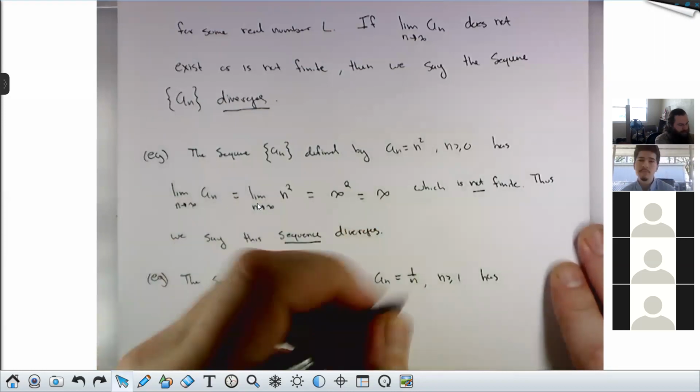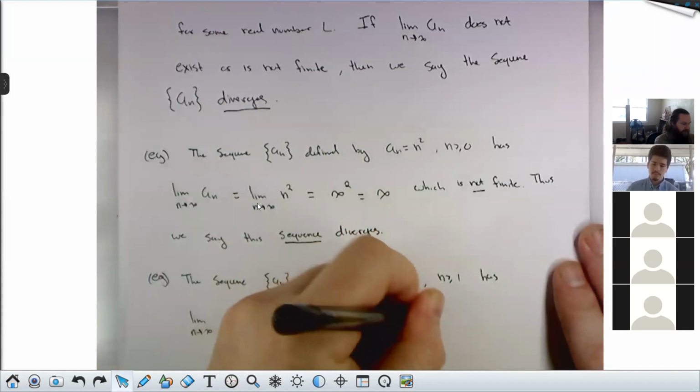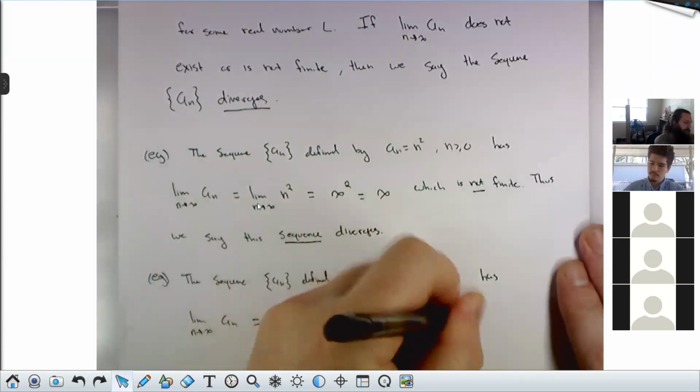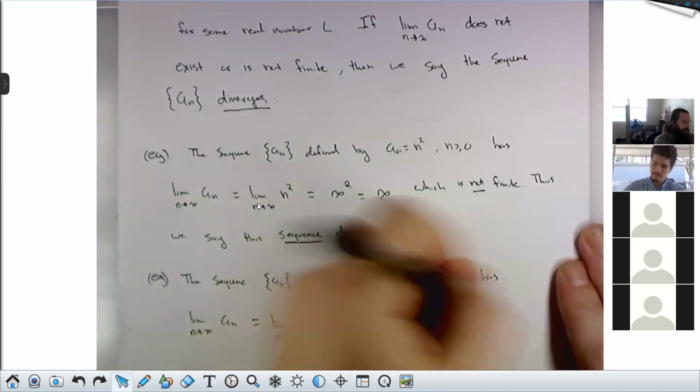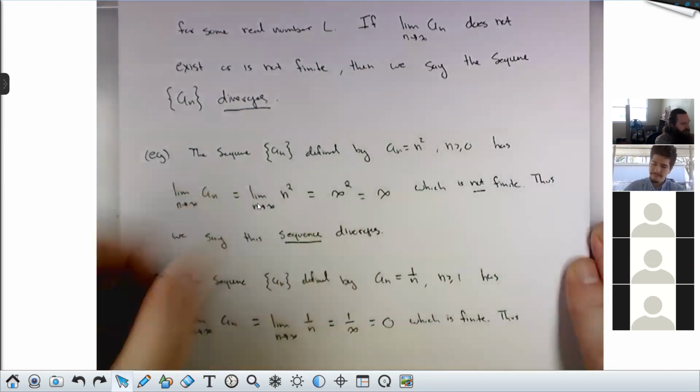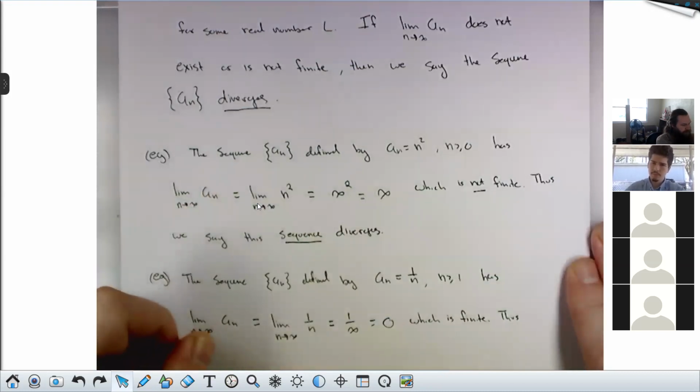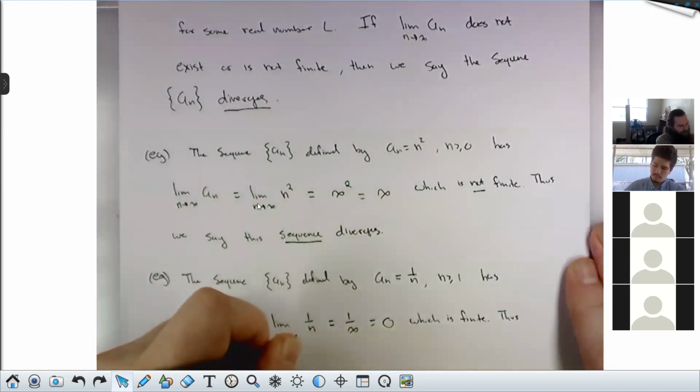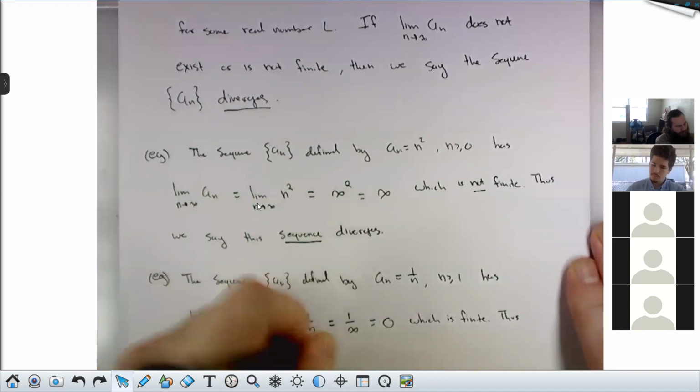So this sequence, which is finite, thus we say this sequence converges.